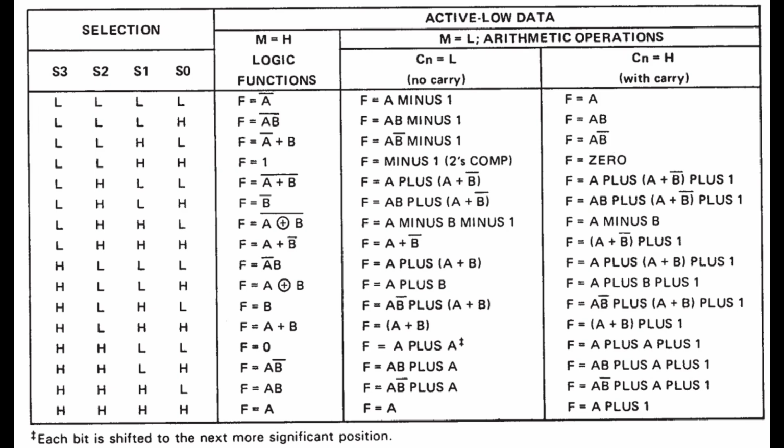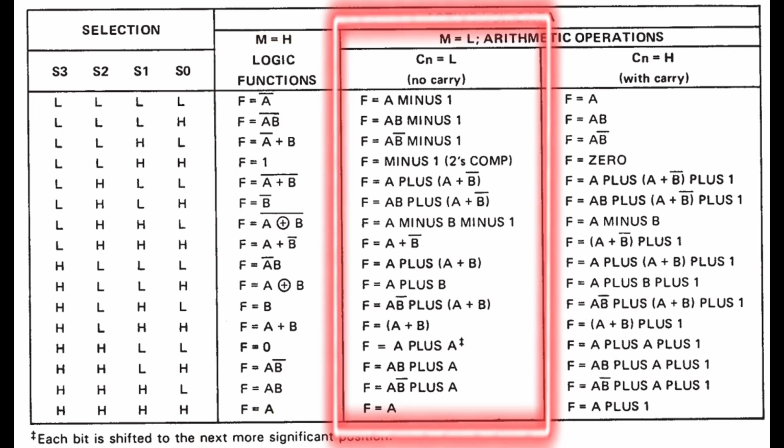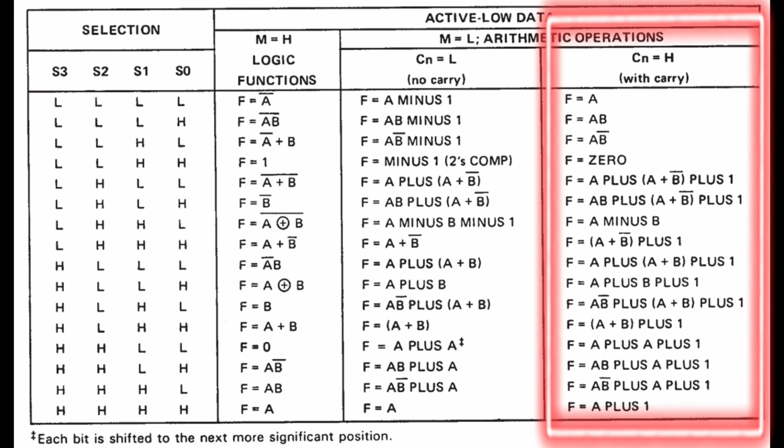If the row meets the M and sometimes CN conditions, which are above, that row is what the S0 to S3 bits control. If M is high, it's this row. If CN is low but M is low, it's this row. And if CN is high and M is low, it's the last row to the far right.